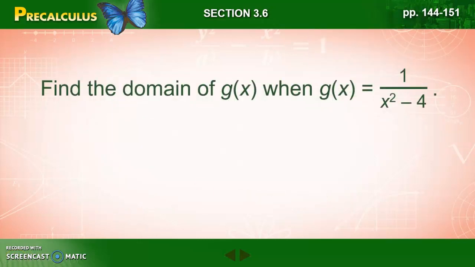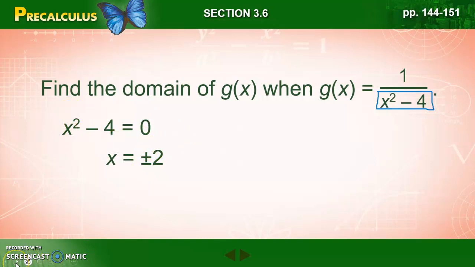All right, let's find the domain of g of x when g of x equals 1 over x squared minus 4. Again, we want to know if there are any values that would make this function undefined or 0. So we're going to take the denominator and set that equal to 0. Adding 4 to both sides, we get x squared equals 4. Taking the square root of both sides, we find that x is equal to plus or minus 2.